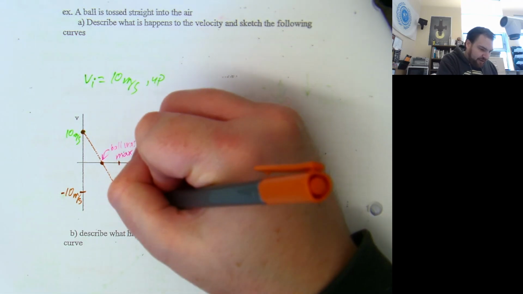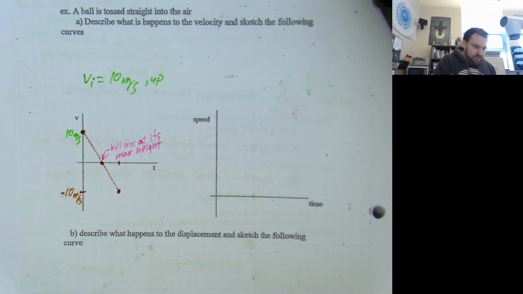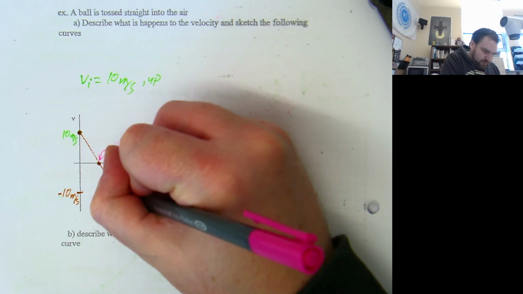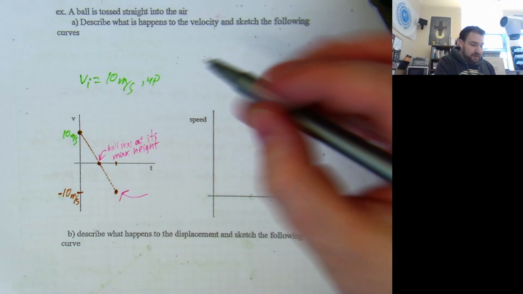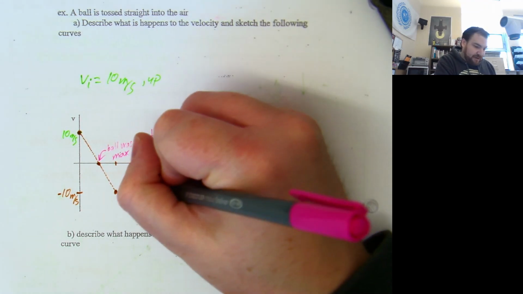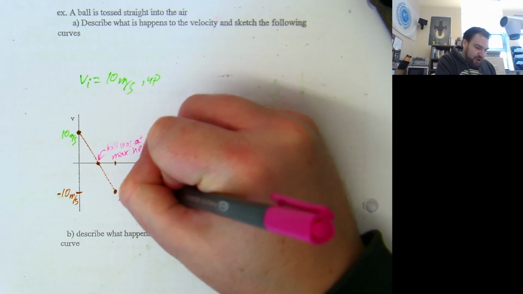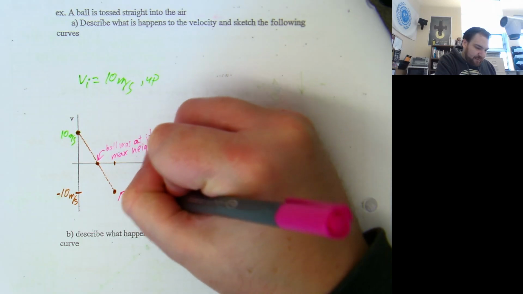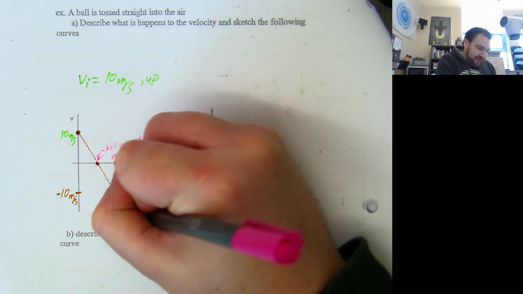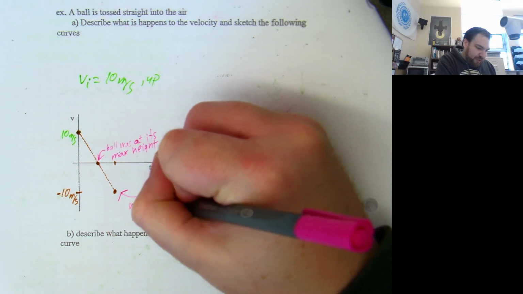And right here, when the final velocity is equal to the initial velocity, that means at this point, the ball was level with where it was thrown from.